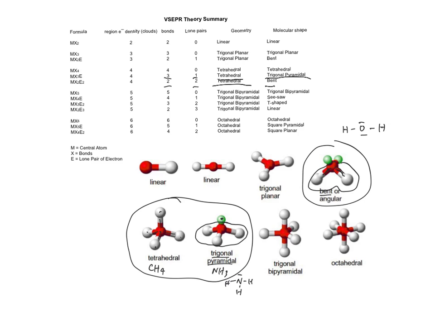Okay, and now if you have 5 electron clouds, an easy example would be phosphorus pentafluoride.